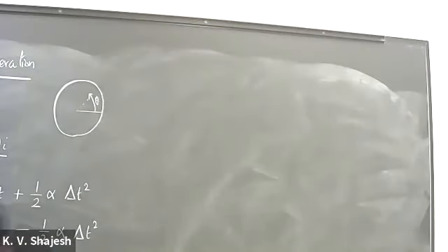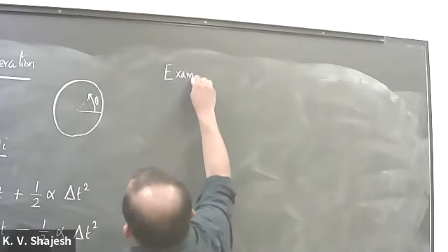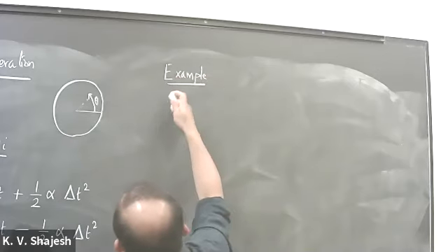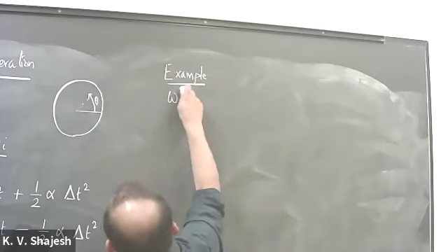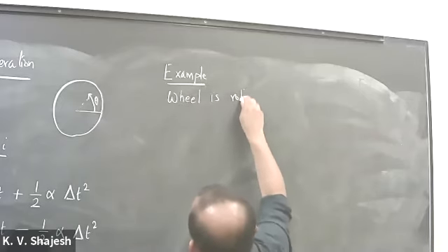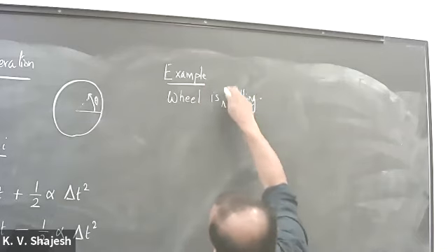So let's talk about a wheel rolling. The wheel is perfectly rolling.